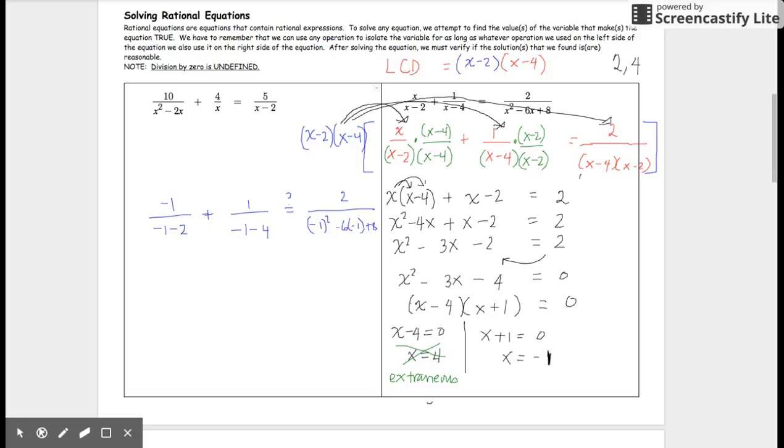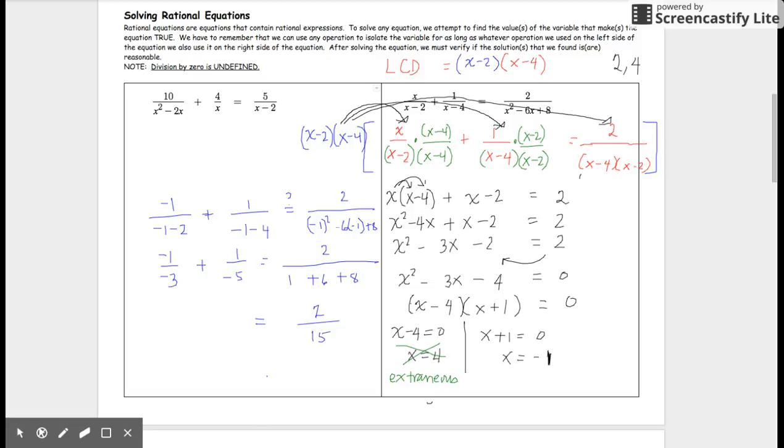Okay, so let's see. This is going to be -1 over -3 plus 1 over -5 equals 2 over 1, -6 times -1 is +6, plus 8. Okay, which gives us 2 over 7 plus 8, 15.